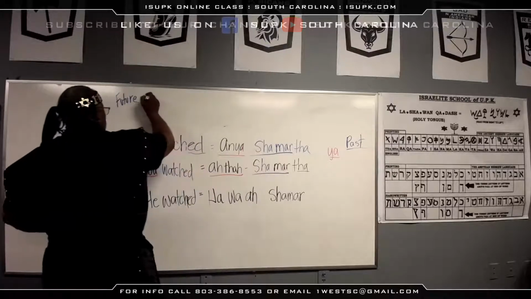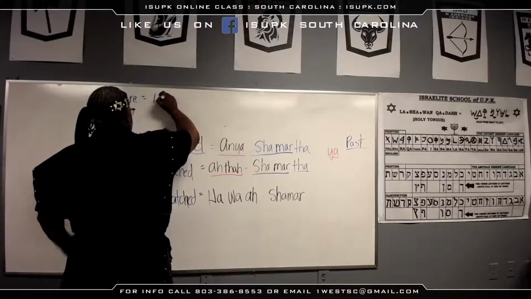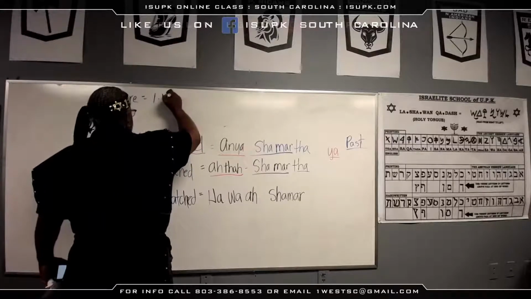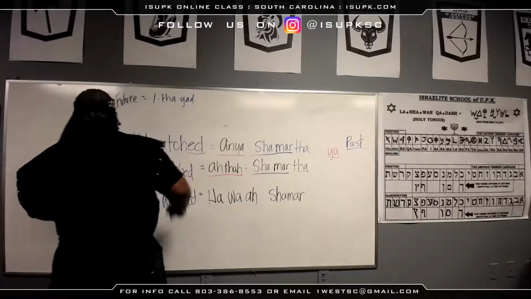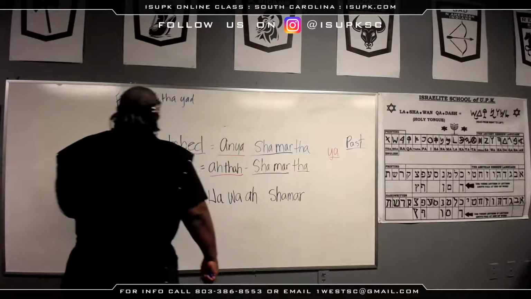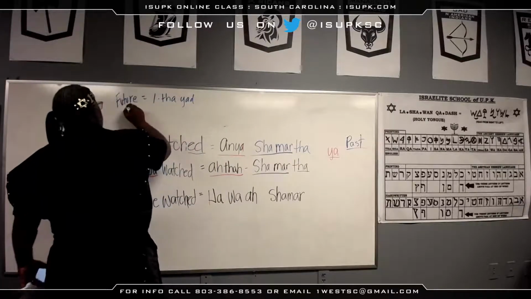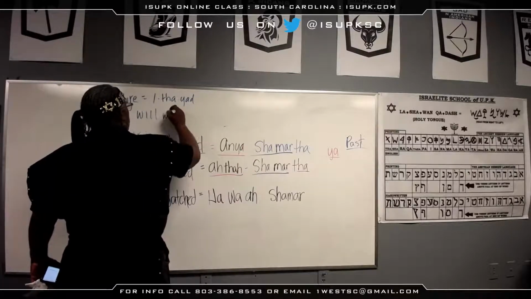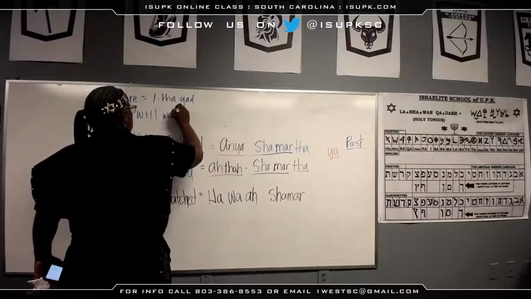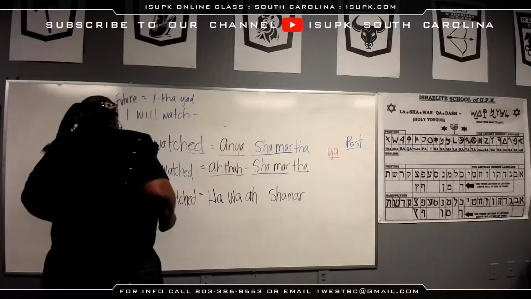The future, that word is Ithayad. Ithayad, okay? Future tense, all right? We'll do this one right here, probably just do one of them. We'll have time to write. I will watch. You know, you want to say I will watch.